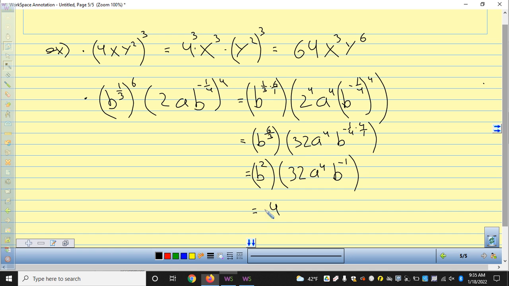So this would be 32a to the 4th, b to the 1, which is the same as saying 32a to the 4th times b. Either one of these would be fine. B to the 1st is just the same as b. All right, questions on what we did there?